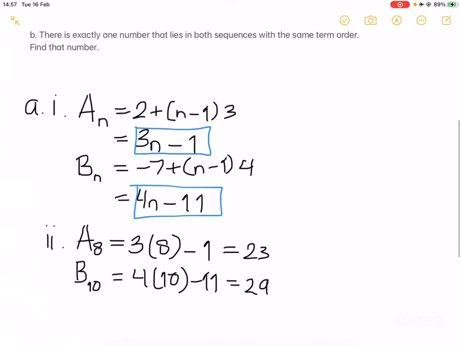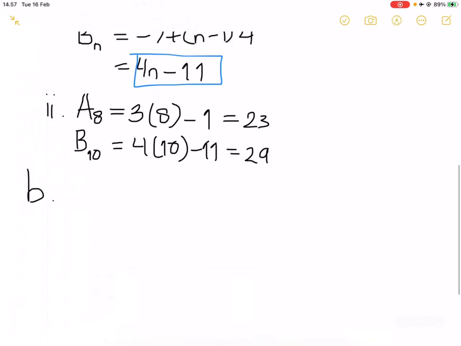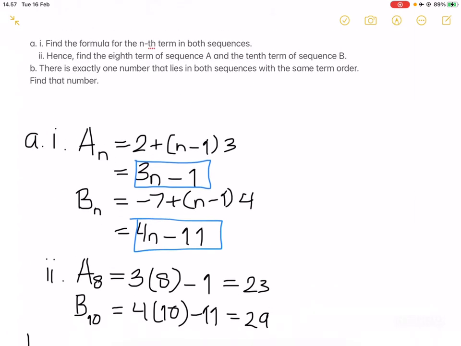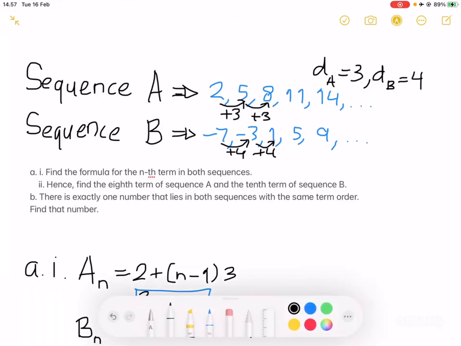And for part B, this is a pretty interesting and tricky one at the same time. There is exactly one number that lies in both sequences with the same term order. Let's just call that number x. So x lies somewhere right here in this, dot dot dot. And this lies in the same term order.